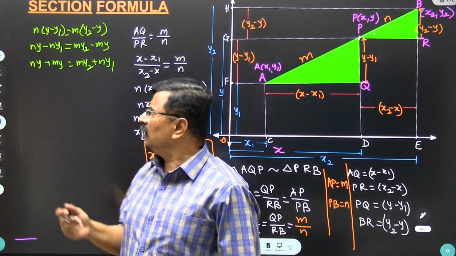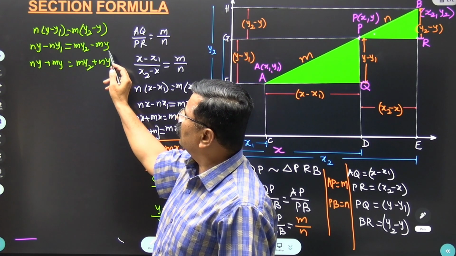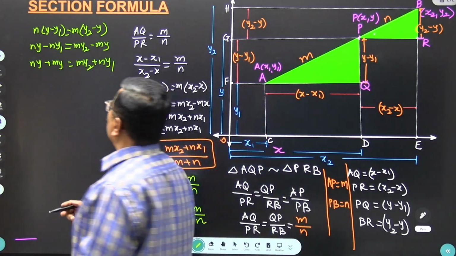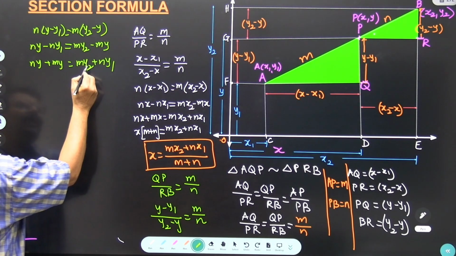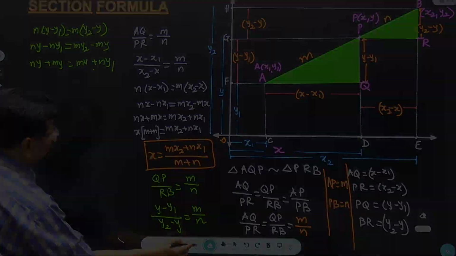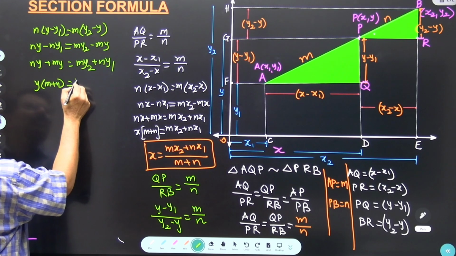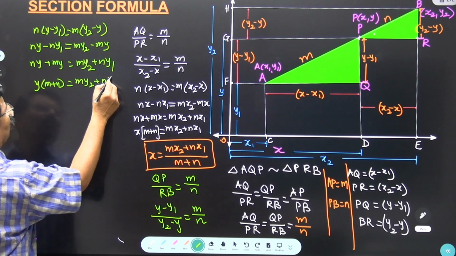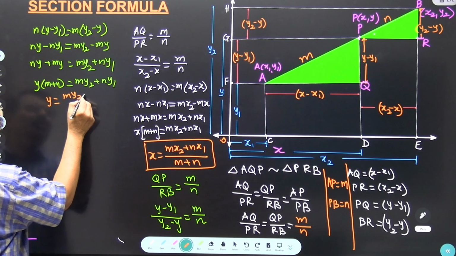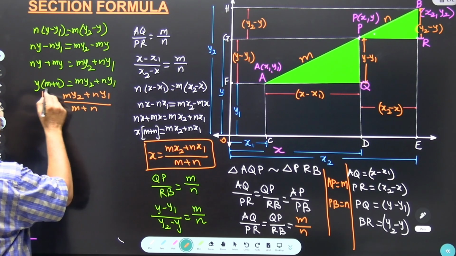So what I have done here, I have opened these brackets and then later on I have taken the terms containing y to one side. So that is ny plus my is equal to my2 plus ny1. So take y common from here, y into m plus n is equal to my2 plus ny1. So therefore y is equal to my2 plus ny1 divided by m plus n.